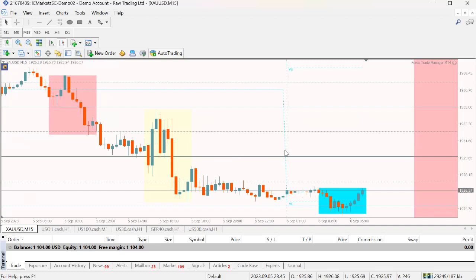But with the added confirmation, such as the inside bar, the engulfment, you're waiting for the retest, and then that inside bar or engulfment candle in the direction of the news, you're good to go. On a volatile pair such as gold, you're most likely going to be getting that 50 pip trade after the news event.